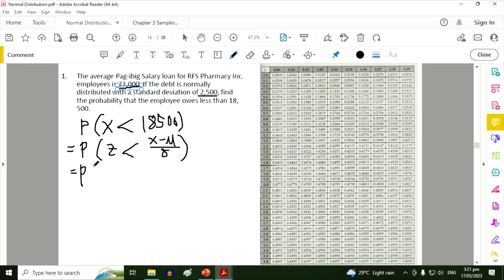So z is less than, our x here is 18,500 because that is the one we need to convert, minus our mean, which is 23,000, divided by the standard deviation, 2,500.